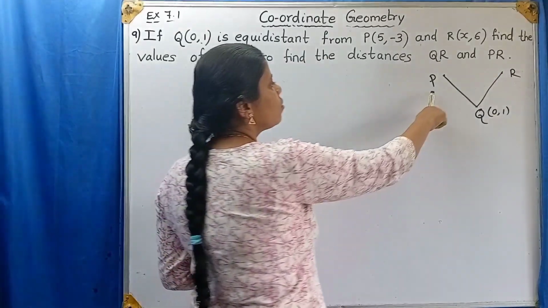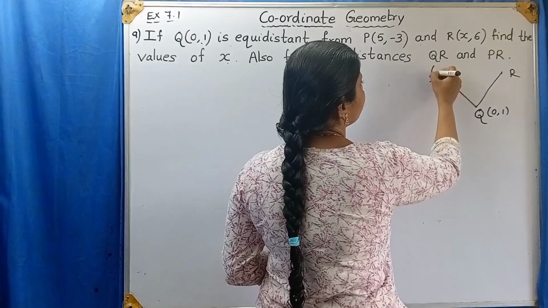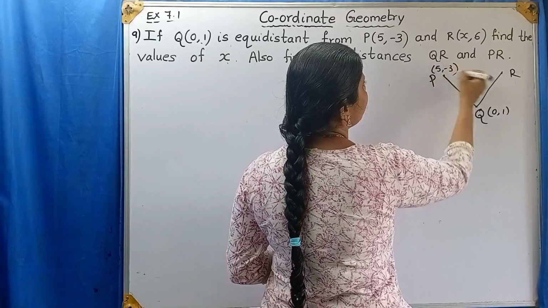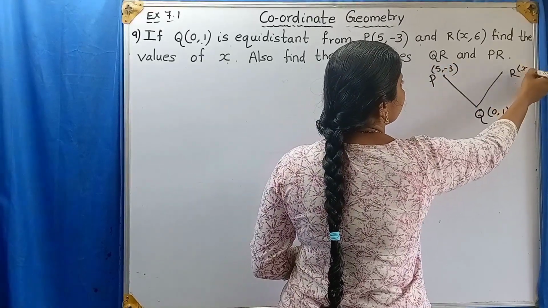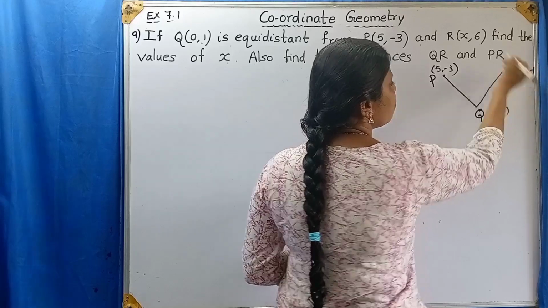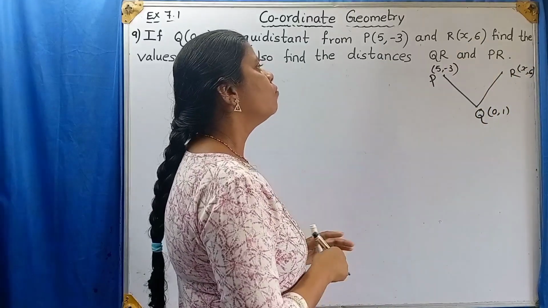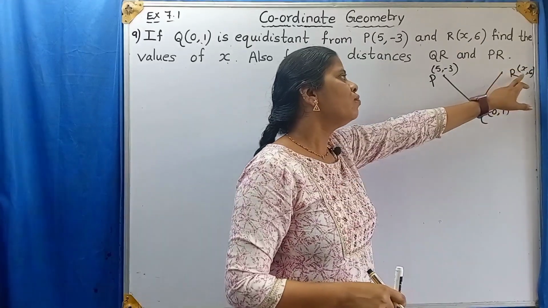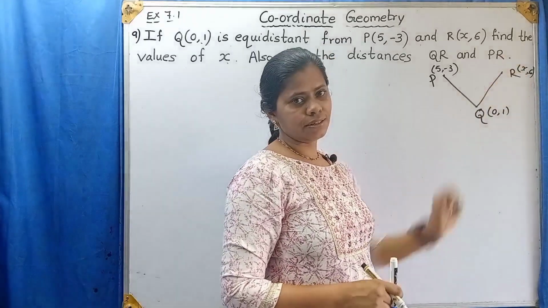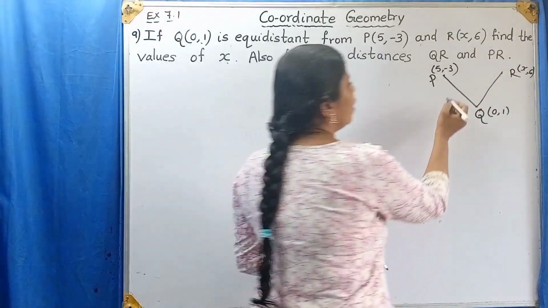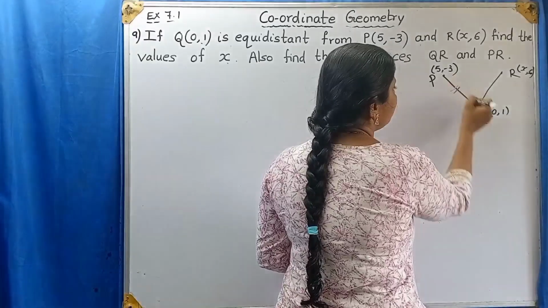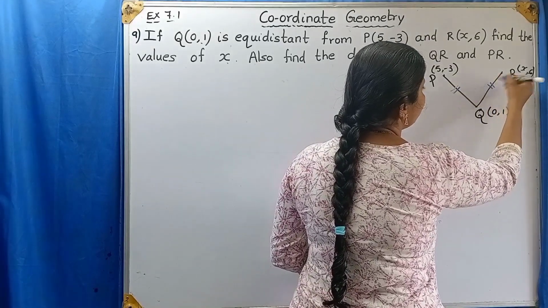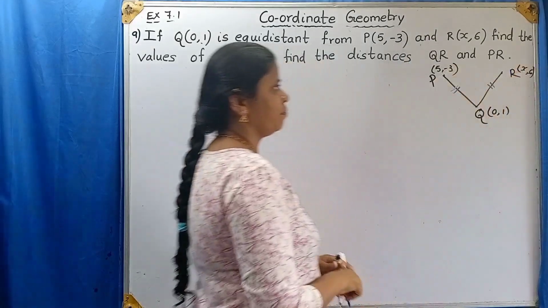And the coordinates of P are (5, -3) and (x, 6) is the coordinate of the point R. What have they given? We have to find out the value of x. According to the question, PQ is equal to RQ. It is given.